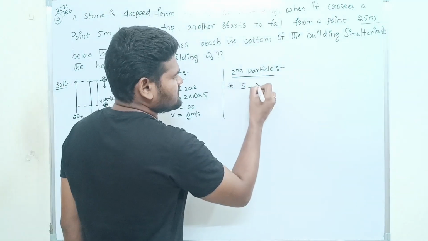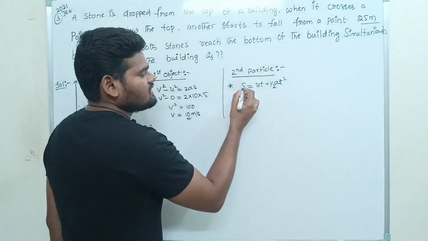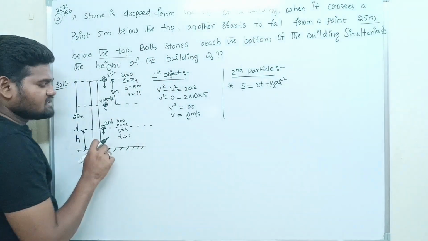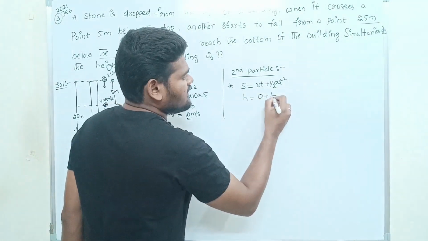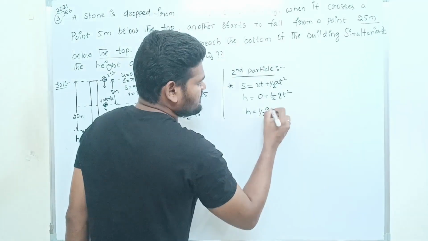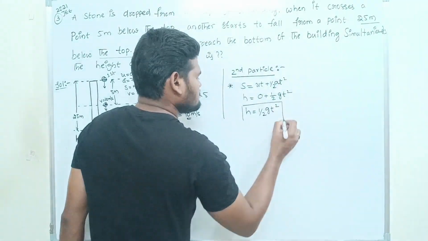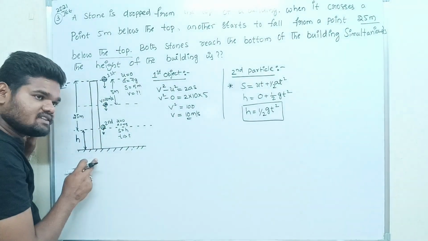We have the equation of motion. What is that? s is equal to ut plus half at square. Okay, so what is s? Displacement of this second particle, that is h. Its initial velocity 0 plus half g t square. So h is equal to half g t square. So now we have to find the total height of this tower.